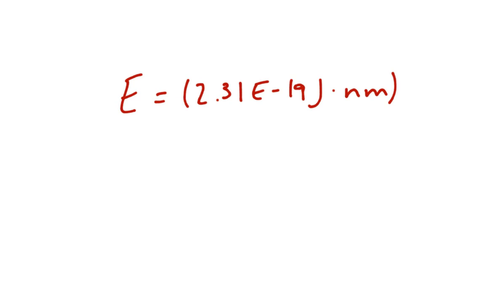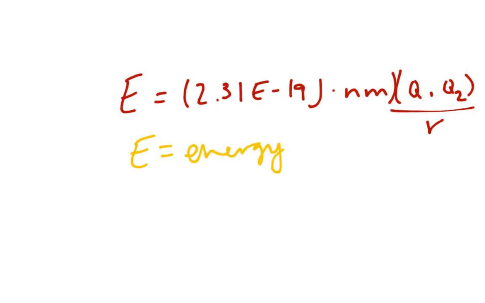In physics, we look at this attraction, and there is an equation that calculates the energy involved, and there's a constant, 2.31 e to the negative 19 joule-nanometers, Q1 Q2 over R. The E is the energy of the bond that will form here.